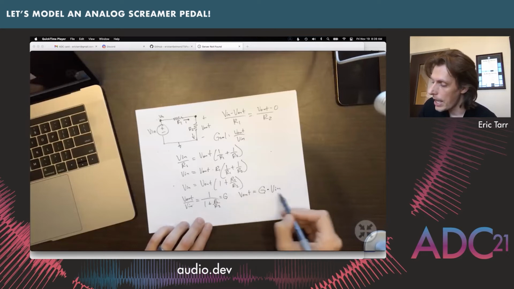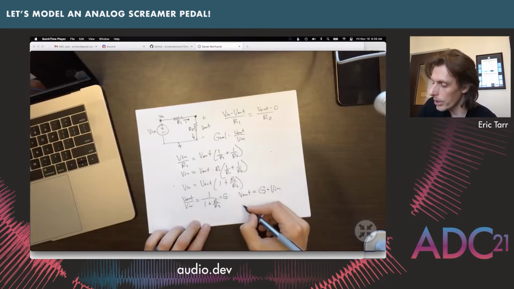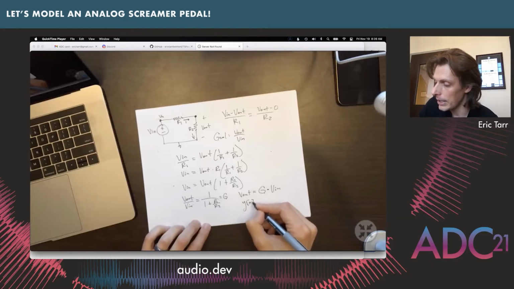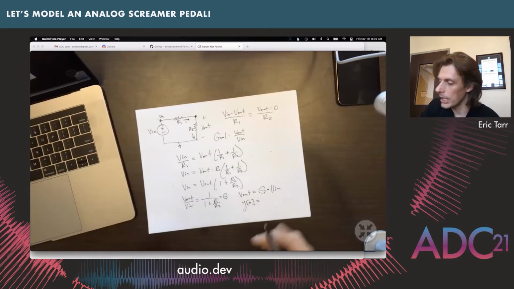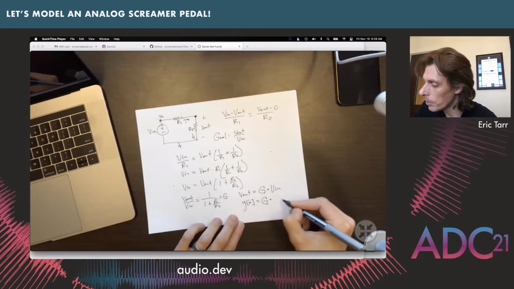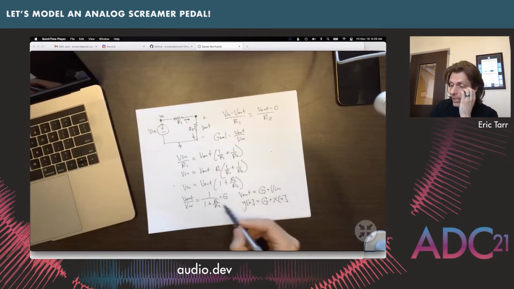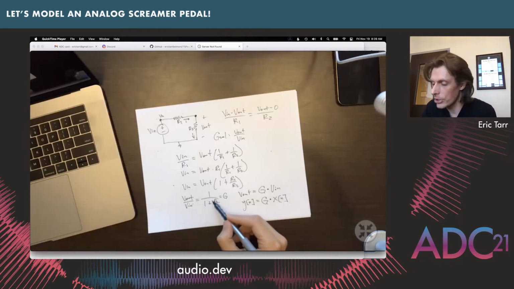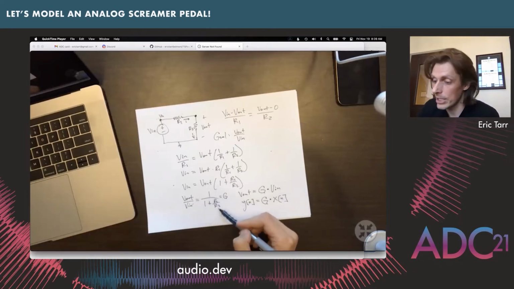And in terms of our algorithm, normally we would write it as our output at sample number n in our plugin is equal to some gain multiplied by x of n. And so this is calculated based off of this relationship right here between the resistors.